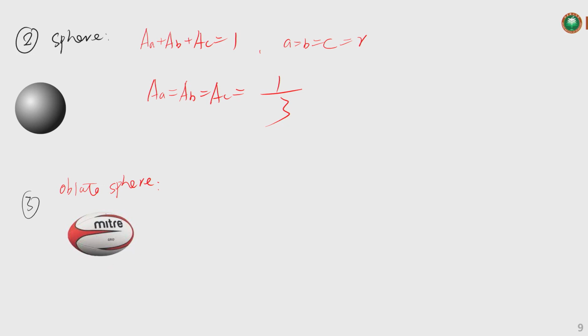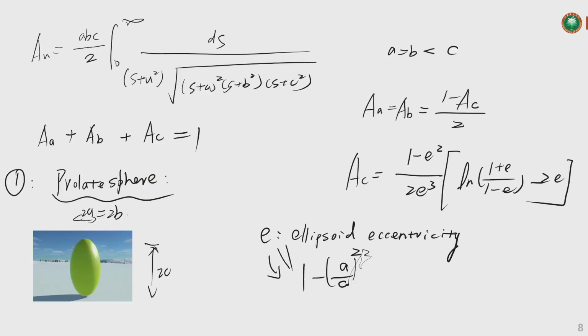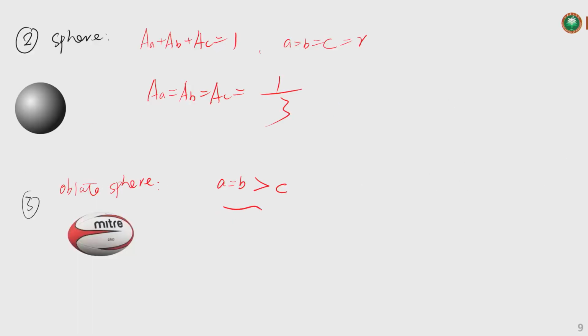Now we can also have A equals B, but now it becomes larger than C. Previously, if they were equal to each other but smaller than C, now it becomes larger than C. And then A equals B equals half of 1 minus C, but C should be different than previously.